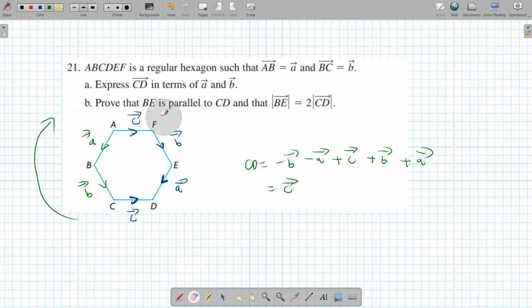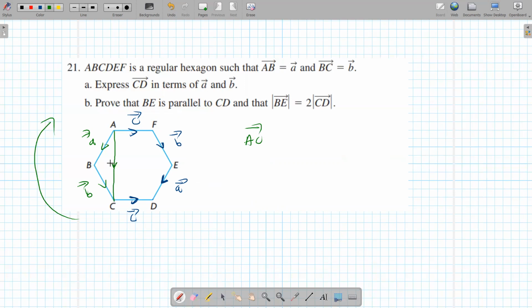What if we first find this vector, AC? You see this guy here? What's AC? AC is going to be A plus B, right? What's FD? This guy here.